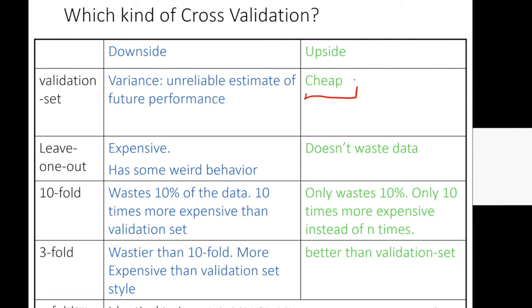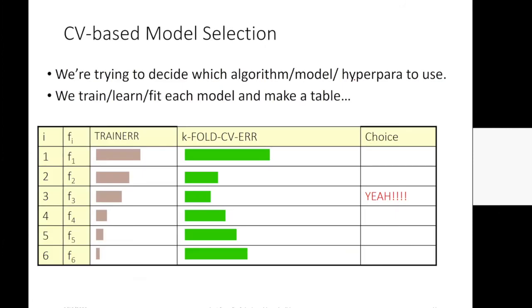For tenfold, it wastes 10% of the data, but it's 10 times expensive. So in general, k-fold wastes 1/k of the data in the training, but it's k times as expensive. So let's see the previous question.